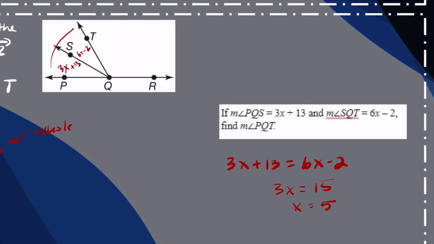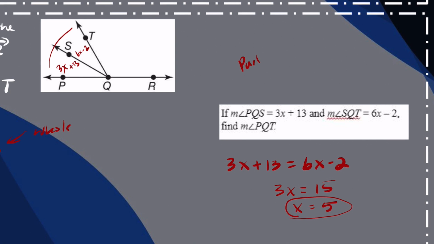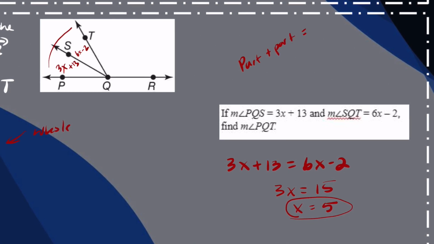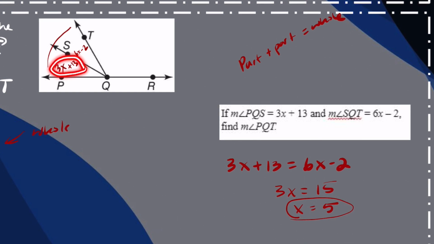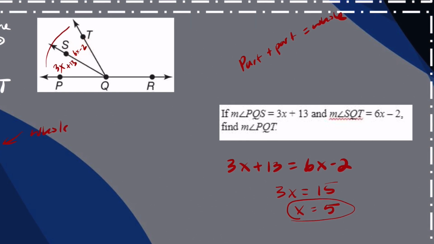You figured out what x is equal to, right? And we know that a part plus part is equal to the whole thing here. Notice that I have 3x plus 13, and then if I combine that with my other part, 6x minus 2, I can get that whole thing there.